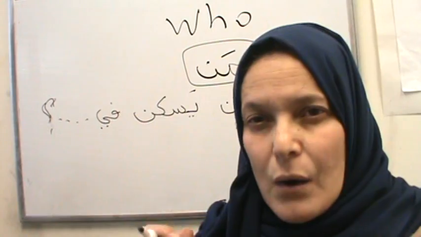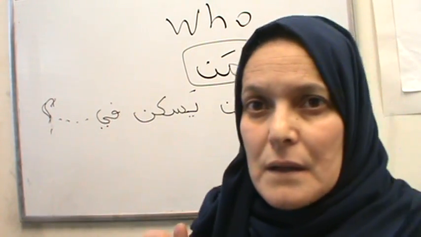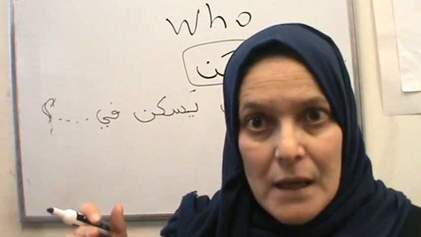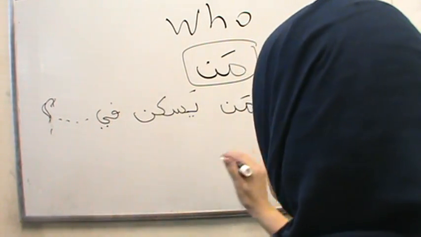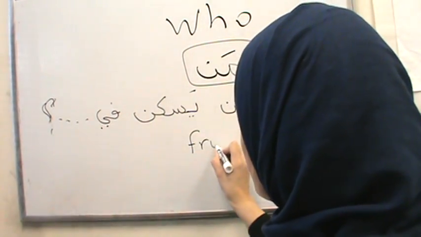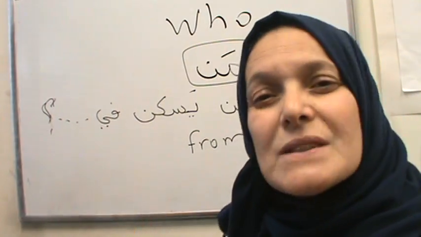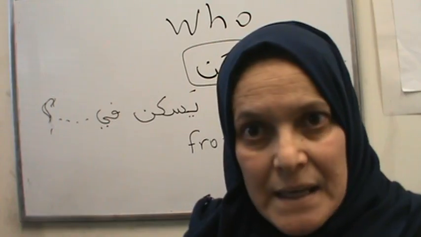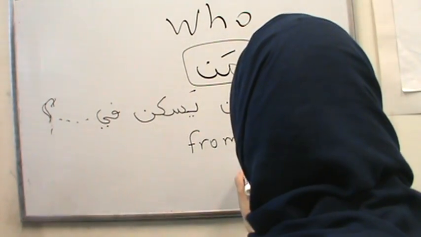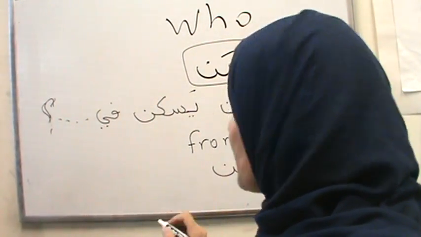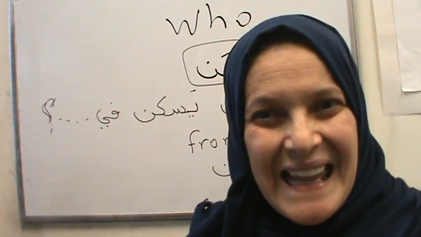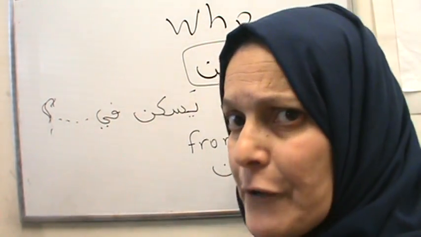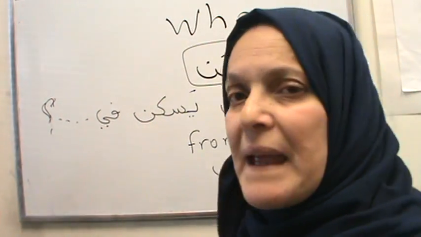This is how the who in Arabic is, equivalent of the plural of man, men. From is the same, but with an E sound, with a meme. Men. So who is men and from is men.